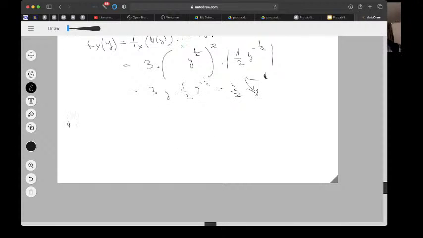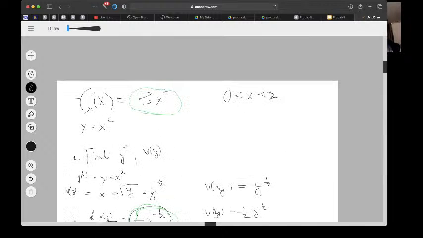Okay, fourth step, find support. So that will be, the support is g(0) and g(2). So you're transforming the boundaries by the function that maps from x to y.